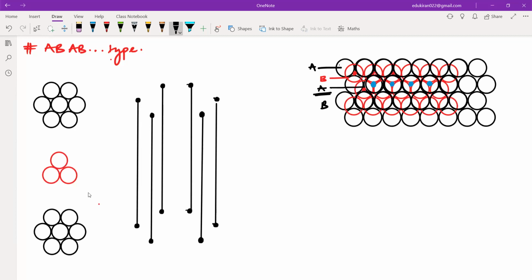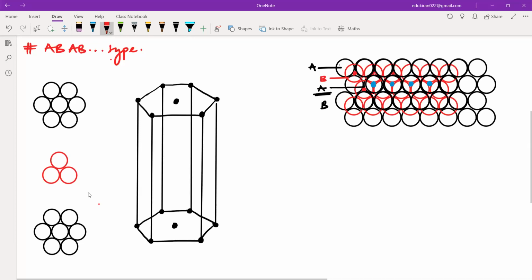Now I will join these lines. Yes, there is one black here also. There is one black here also. And then we have 3 red atoms, put here, here, and here. So all of you can see.